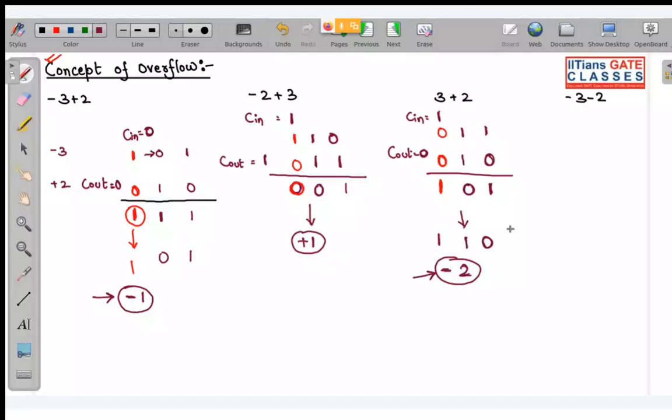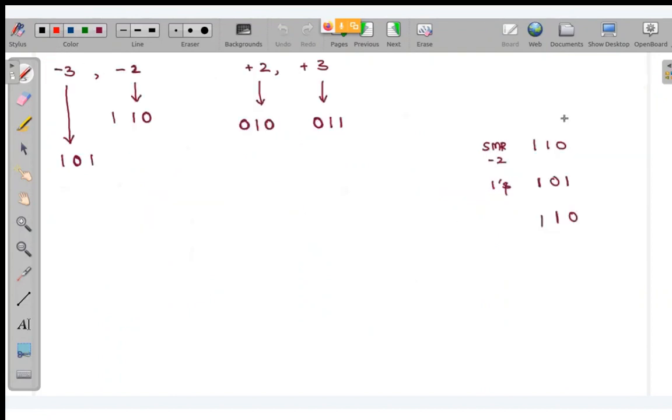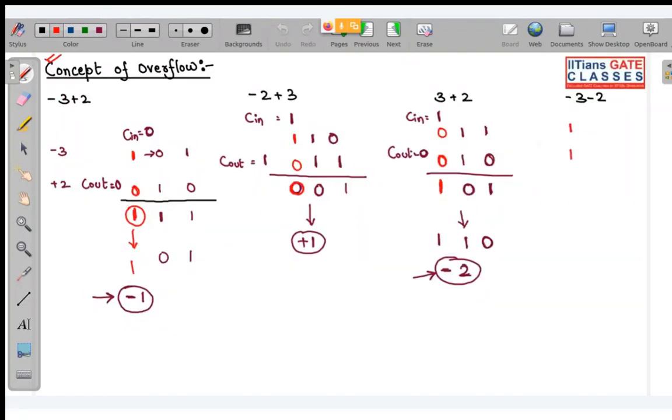We will see what. Now look over here. This is minus 3 minus 2. Just now we have seen that the representation of minus 3 is 1 0 1, and for minus 2 it is 1 1 0. Add these two, so this will be 1 1, again 1 plus 1 is 0, carry out is 1.